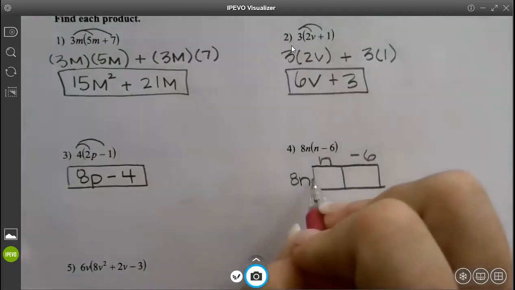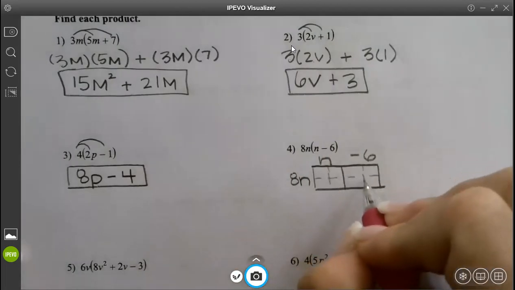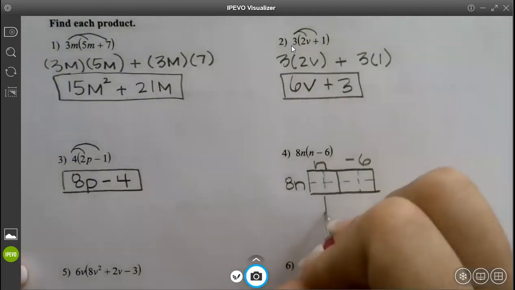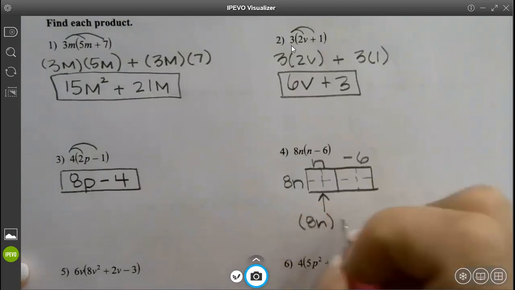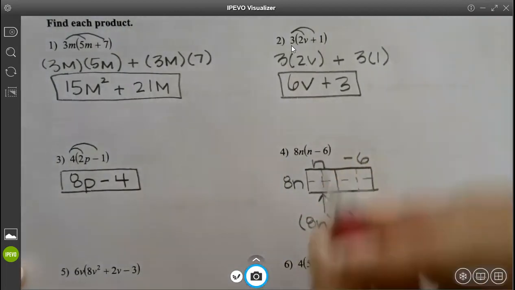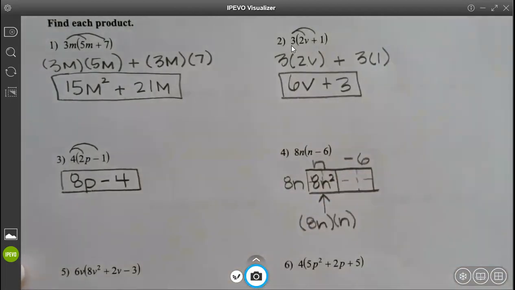So what you do is what meets in the box. So I just make little lines down so that you guys can see what I'm talking about. You do not have to draw these lines every single time, okay? So what meets in this box is 8n and n. And when I put that together, it gives me 8n to the second.